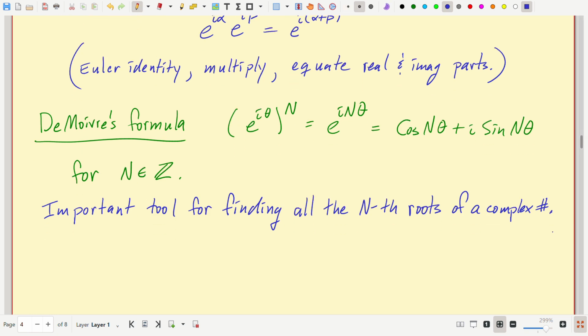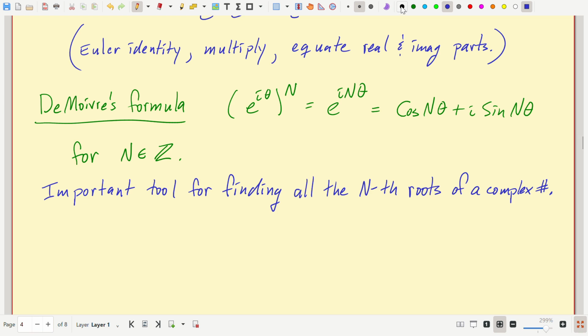Let me prove it. Let me prove this for the positive n case. So n a natural number, 1, 2, 3, 4, 5, 6, etc. Well, then we would have e to the i theta to the n. Property number 1 would say that's e to the i theta times e to the i theta, n times.